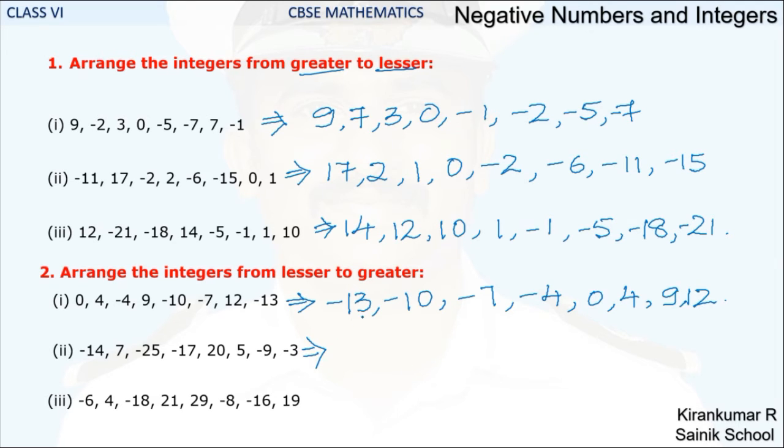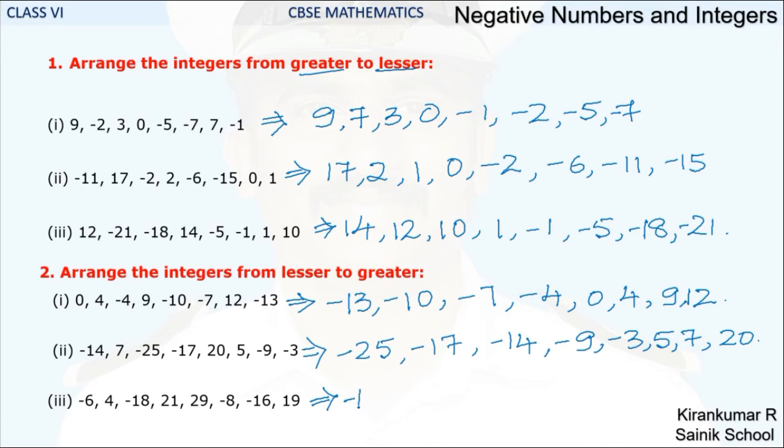The smaller number is negative 13. Let's do it for the second one. Negative 25 is the smallest, negative 17, negative 14, negative 9, negative 3, positive 5, 7, and 20. Let's do it for the third one.